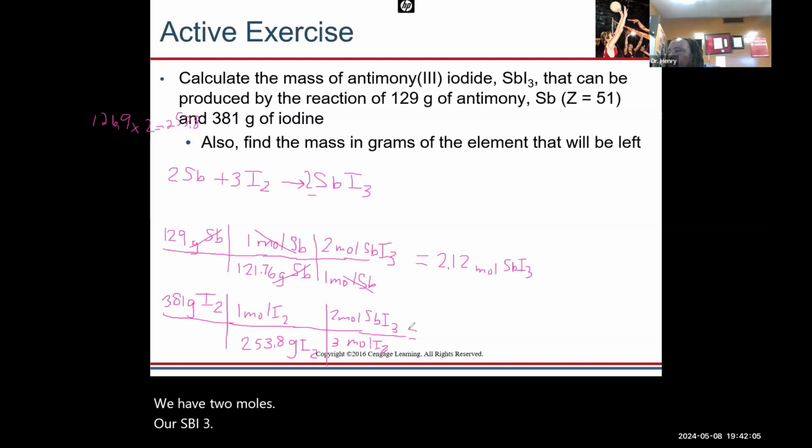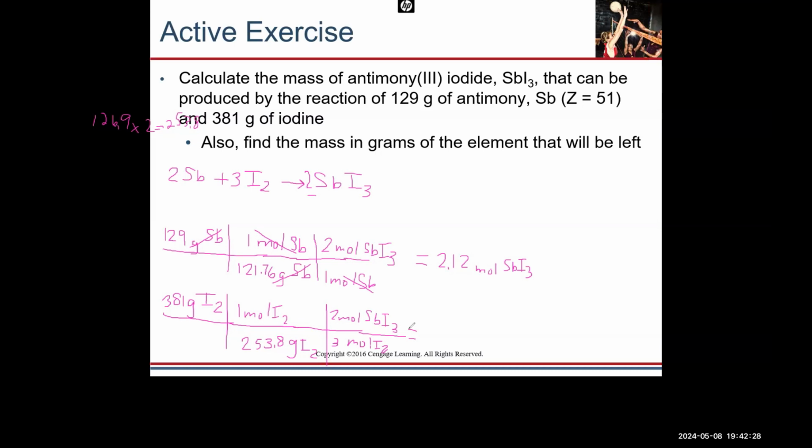Okay, so let's go ahead and multiply that. Well, this is just straight one. There's too many zeros.